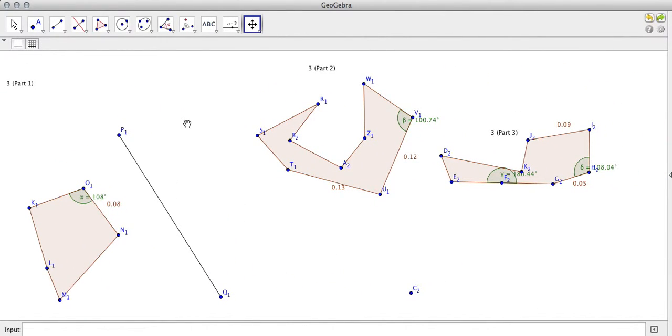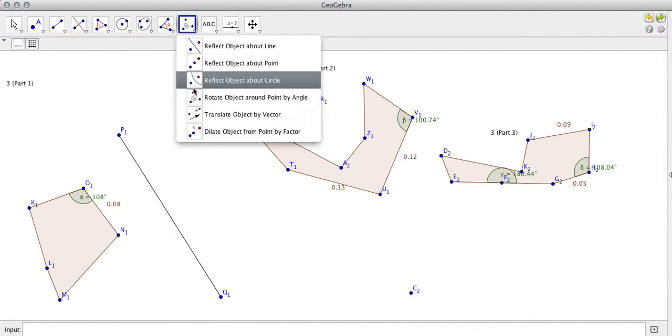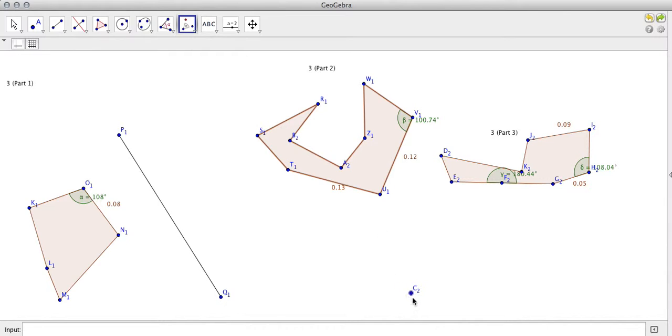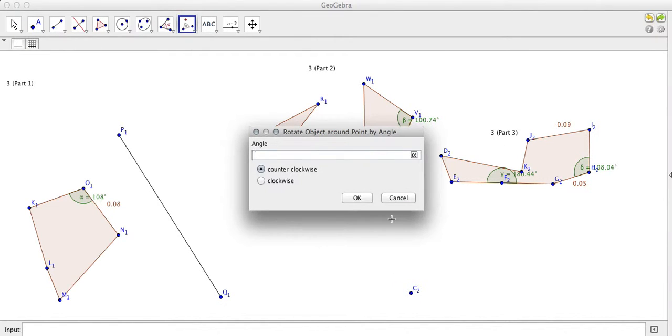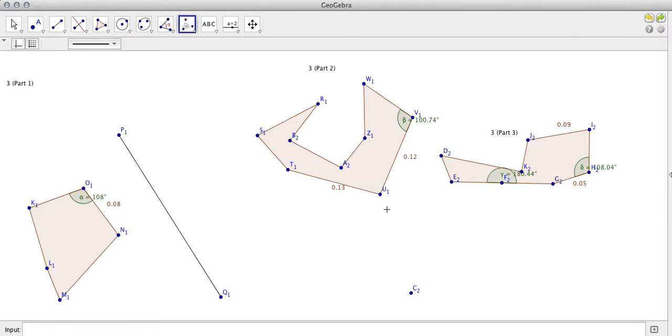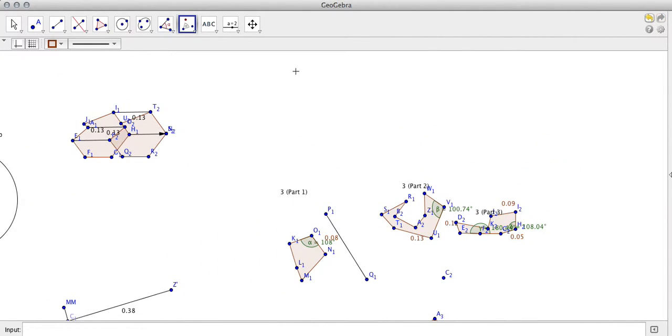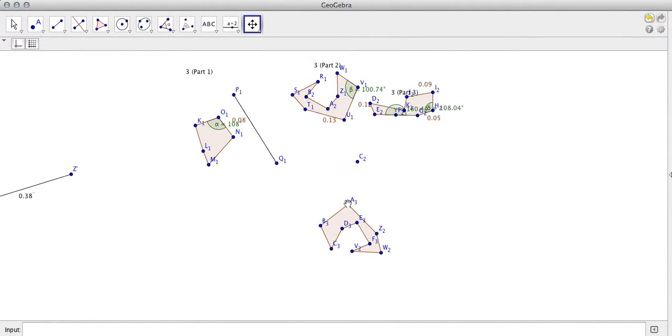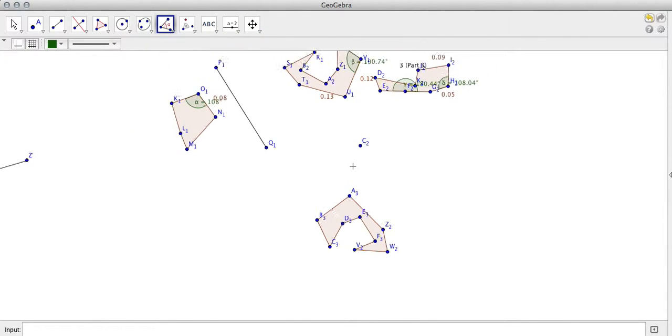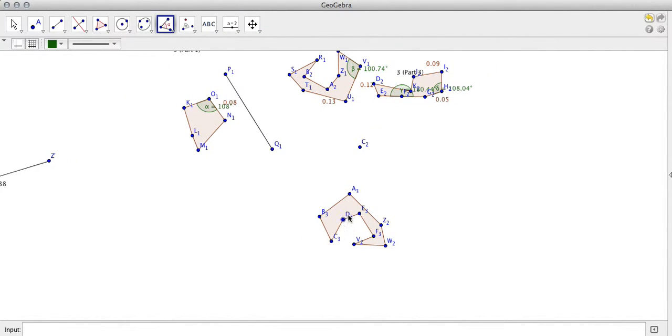Rotational. They do not change in rotational either, because when you rotate it, so I have to measure that one.